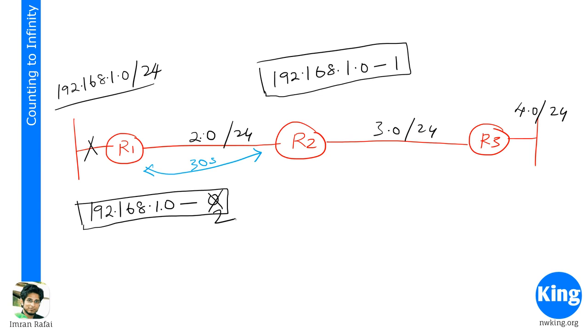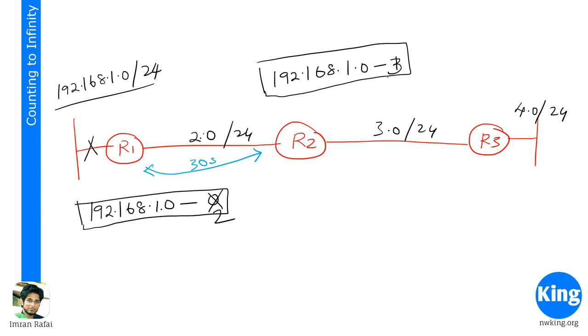So he's happy, everybody's happy. R1 sends the update to R2 saying, okay, I have access to 192.168.1.0 with a hop count of 2. R2 looks at that update and says, okay, earlier you told me you have access to the same network with a hop count of 0, but now since you're telling me you have access to this route with a hop count of 2, I'm going to update my routing table to 3, right?